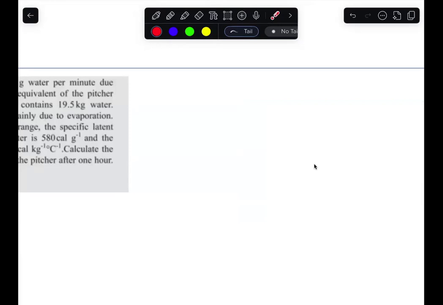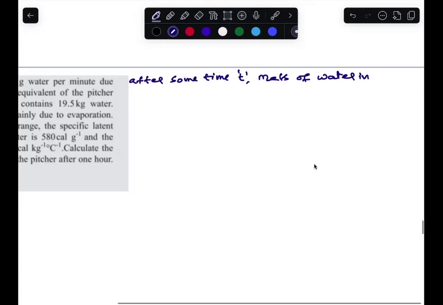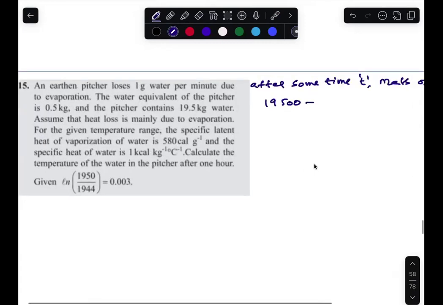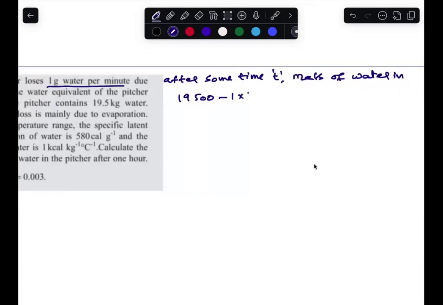Let us see after some time t, mass of water is 19,500 minus t, since you said 1 gram per minute. I have converted into grams.